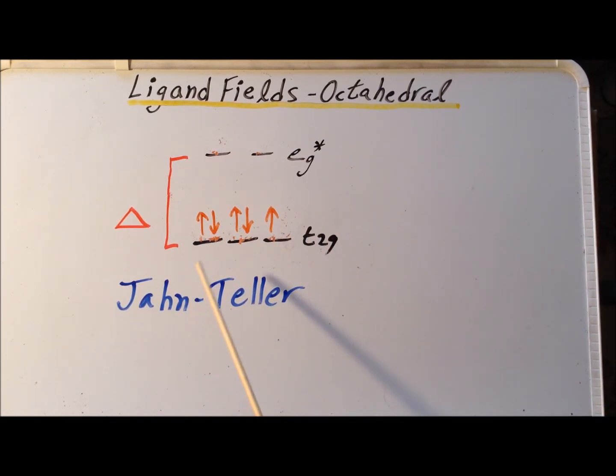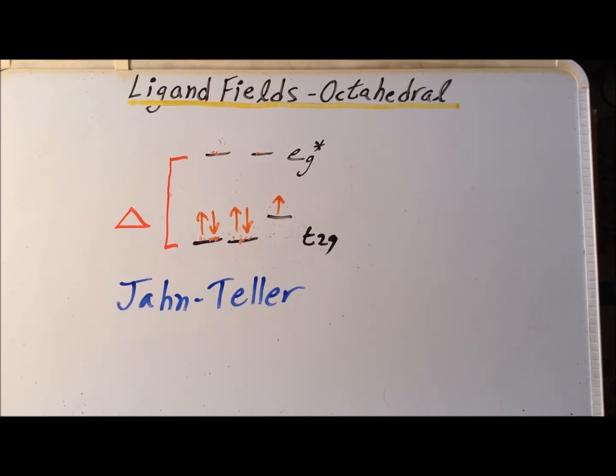But we notice that 2 of the orbitals have 2 electrons, but one of the orbitals has only 1 electron. So here we have what's called unequal occupancy of the orbitals. And the Jahn-Teller theorem tells us that whenever we have degenerate orbitals and we have unequal numbers of electrons in them, the molecule will distort in such a way as to lower the energy.